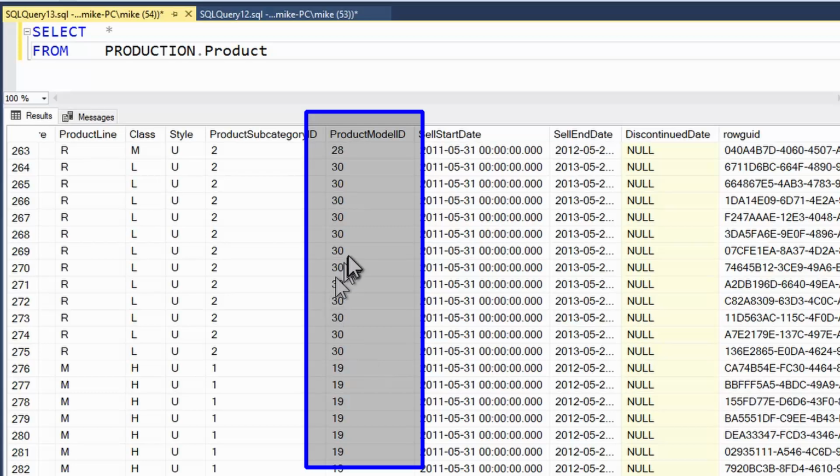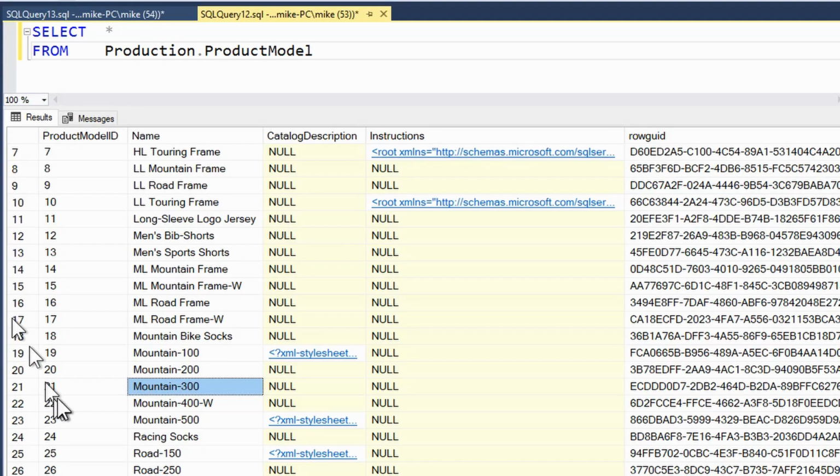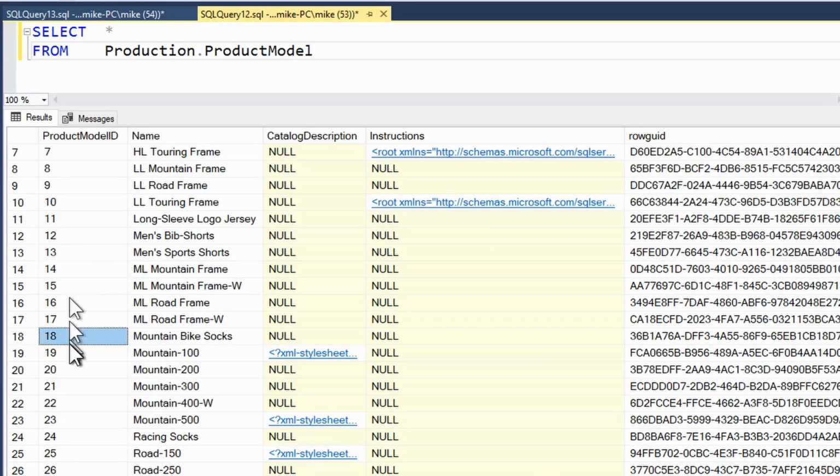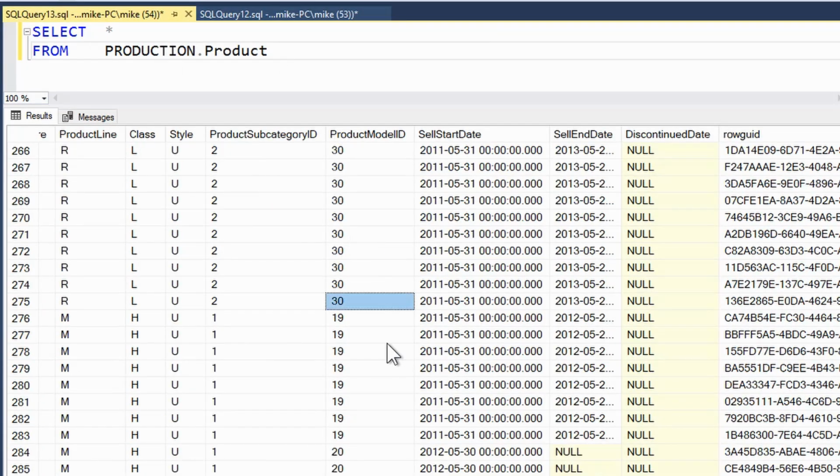Now, those little numbers represent primary keys from the model table. So every value that you see here under product model ID in product can actually be found here. That's how the two are linked. So for example, if I were to scroll down to find a product with product model ID 21, let's just scroll down and see if we can find one.